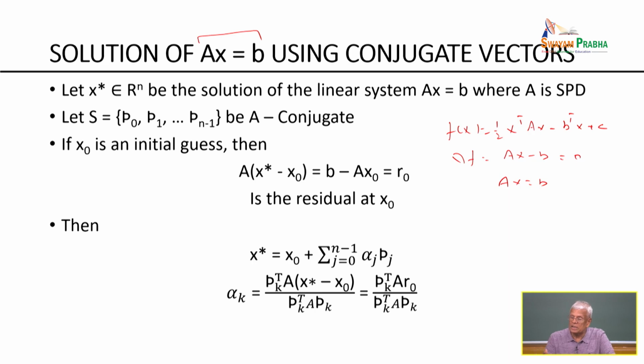So what does this mean? Every quadratic function leads to the solution of Ax equals b, and if I have a problem Ax equals b, there always exists a minimization problem with A as a matrix where A is SPD. So minimization of quadratic functions and solution of linear systems with symmetric positive definite matrices are one and the same problem computationally.